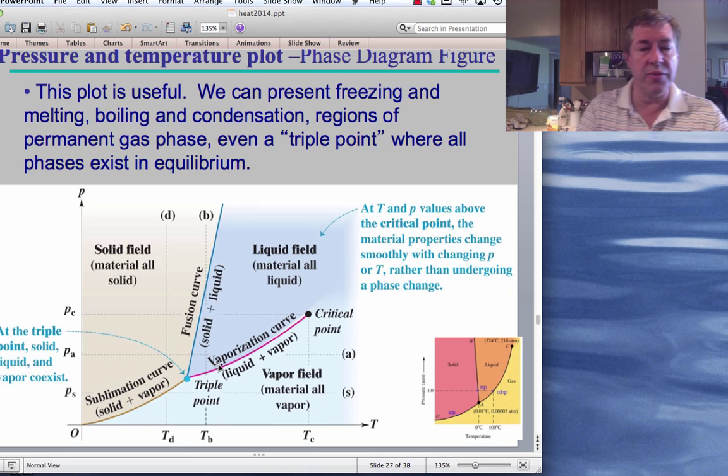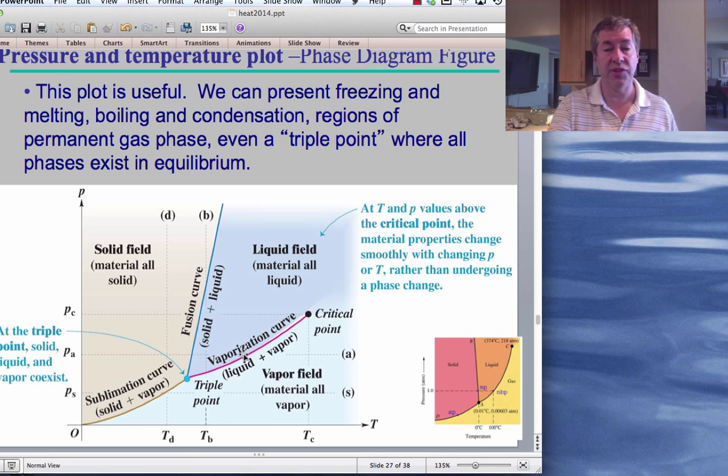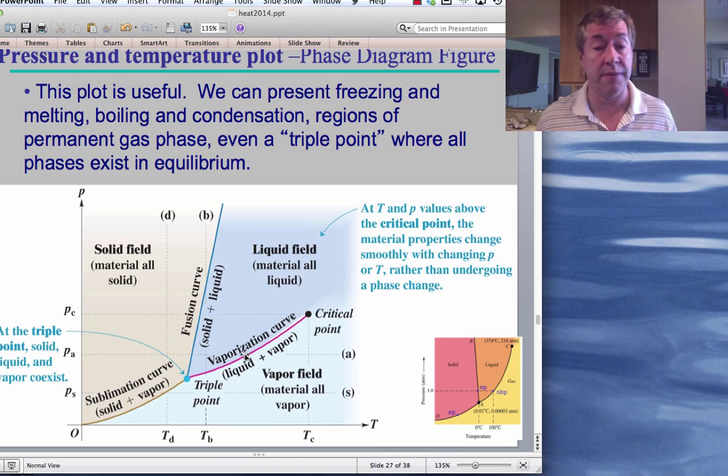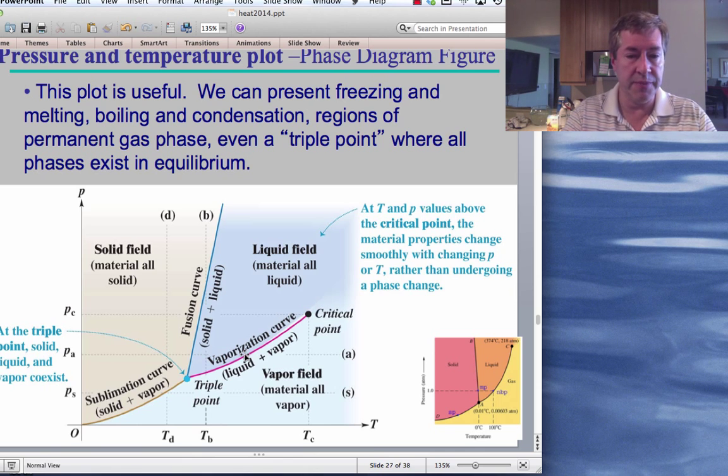Now, another thing that you notice in reality, if you can really change the pressure around a lot, is that this pink line that we thought we know and love, the point at which a gas condenses or a liquid vaporizes, is a function of pressure. It depends on the pressure.